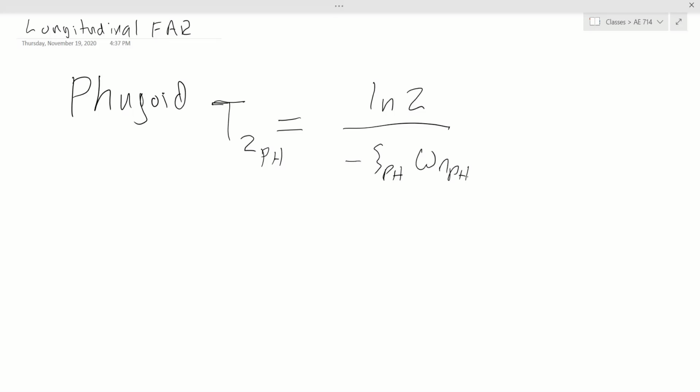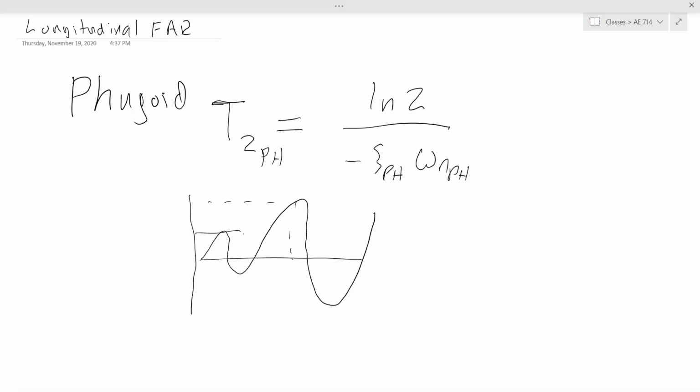So this is only if you have a negative damping ratio. It's got to be unstable, because what it's saying is that you get an oscillation, but it grows. And so the time to double amplitude is what you're calculating. So you simply plug into this formula if you have an unstable phugoid, and then you need to satisfy that level 3 requirement. Of course, level 3 is not good, so you'd rather not have that.